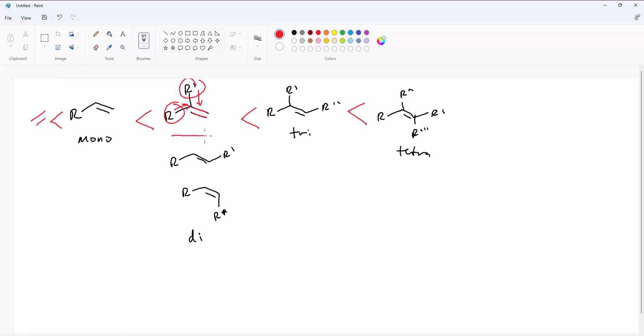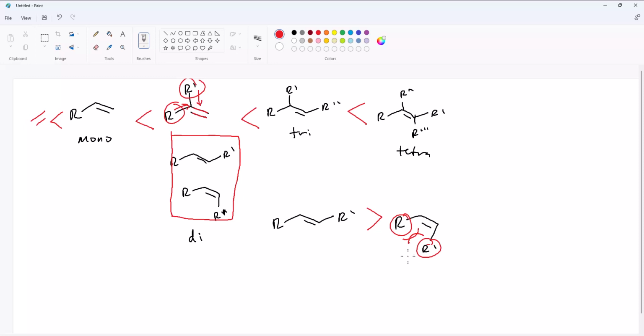The added bonus to this, or the added complication, is we also have cis and trans isomerism that can occur in disubstituted alkenes. What we see is if we look at the trans versus the cis disubstituted alkenes, the trans is almost always going to be more stable than the cis alkene, and that's because if we have bulk, especially on the R and R prime groups, we end up getting steric clash, steric hindrance between these two groups, which would further destabilize this double bond by sterics.